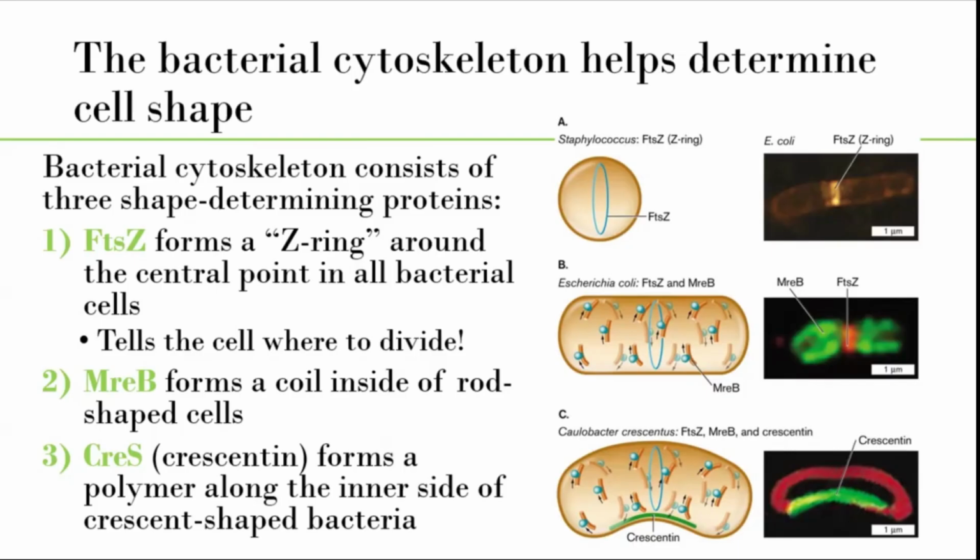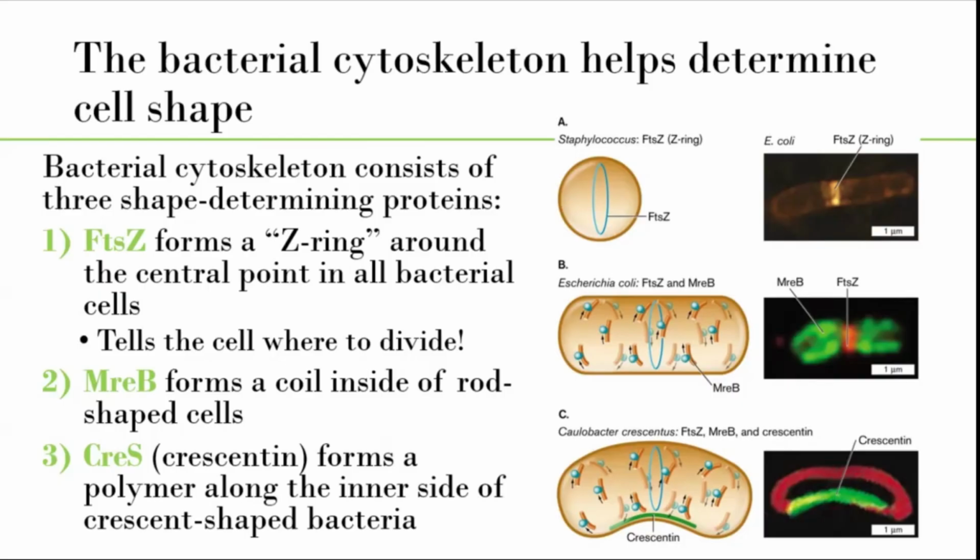Then MreB gets added, so it's a second protein that rods will have. So they still have FtsZ in the middle, and they also have MreB. Then the cells that are crescent shaped will add a third cytoskeleton called CreS, crescentin. And it just causes that rod to bend a little bit and make the crescent shape.